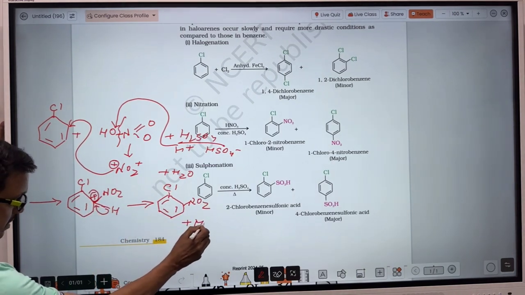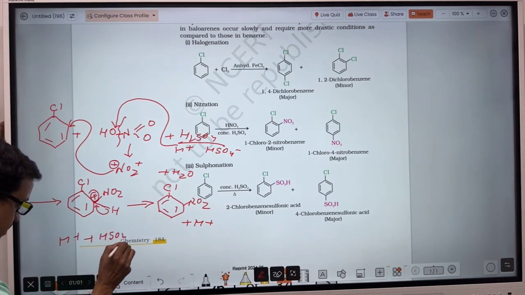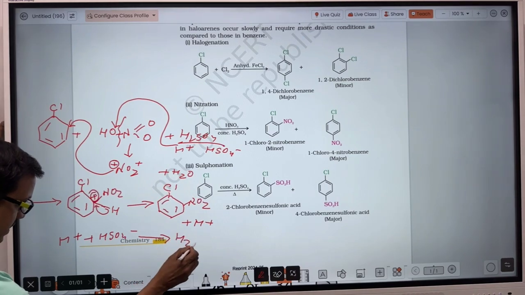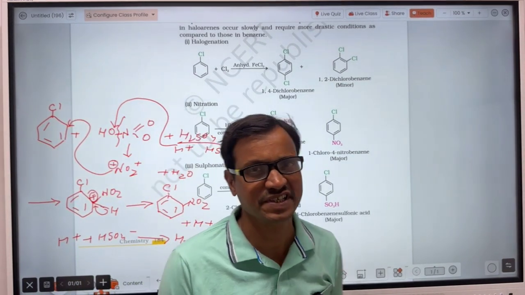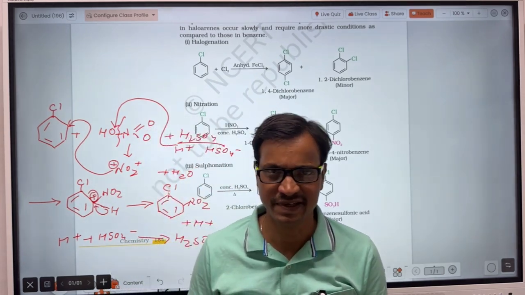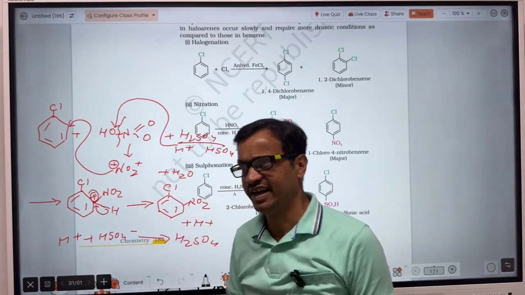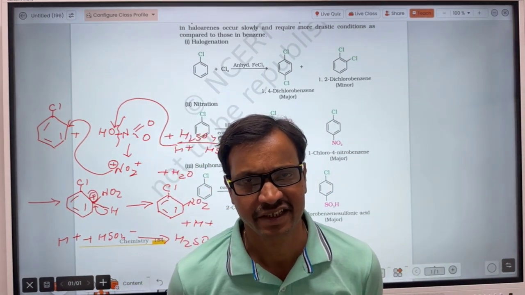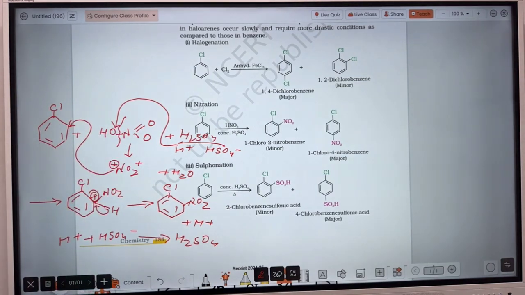And H plus is released. This H plus will again combine with HSO4 minus, and there will be formation of H2SO4. So H2SO4, which initially provided the H plus ion, got H plus again, and that's why H2SO4 acted as a catalyst. During that course, the reaction took place.